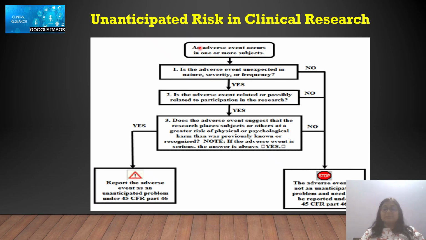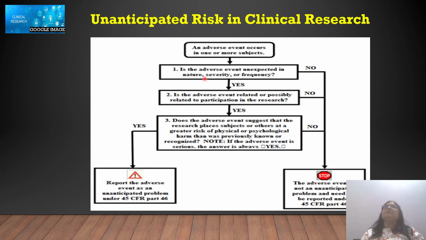First, you will have to see whether the adverse event is only for 1 or 2% or for a group of persons. If it is for a group of persons, then only we will proceed with our next questions. Was the adverse event expected in nature, severity or frequency?